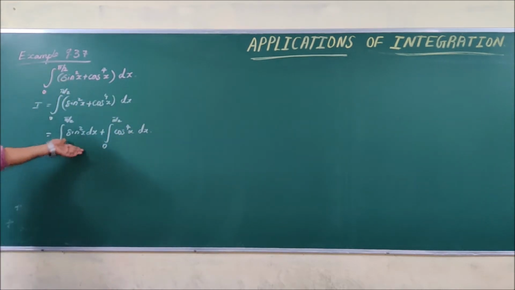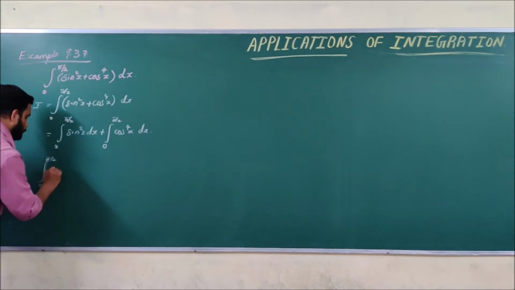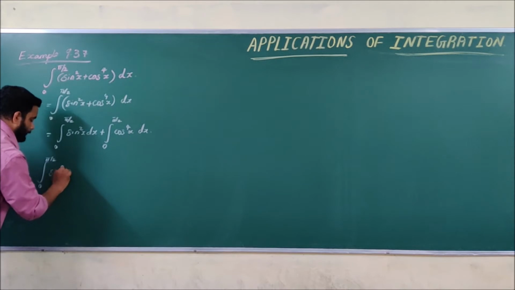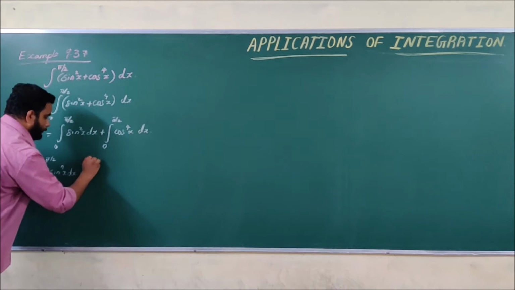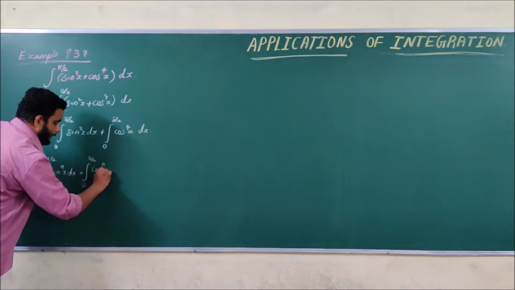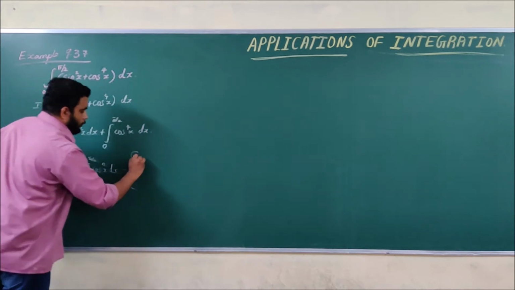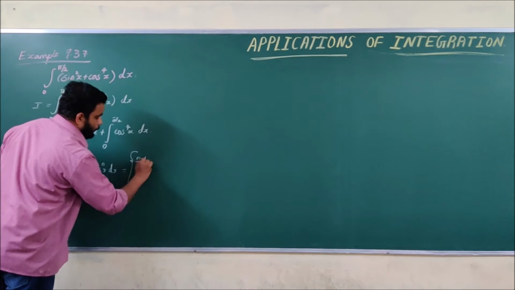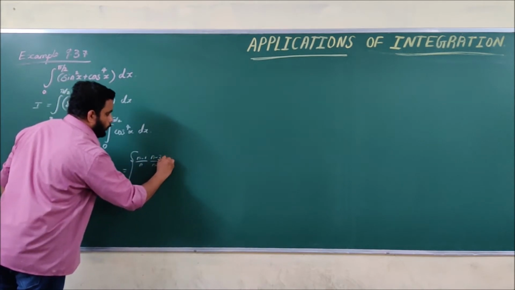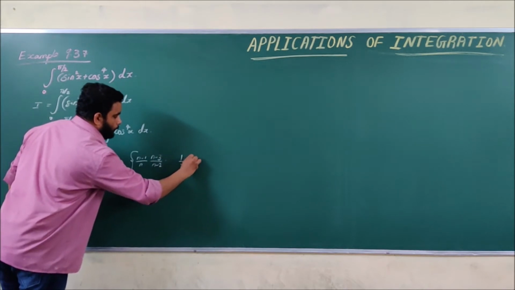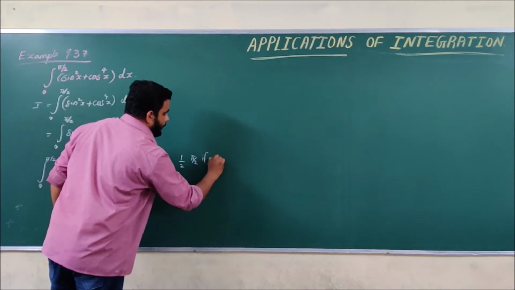Now the question is of the form: the integral from 0 to pi by 2 of sin power n x dx is equal to the integral from 0 to pi by 2 of cos power n x dx, which is equal to (n minus 1)/n times (n minus 3)/(n minus 2) going to 1/2 times pi by 2 if n is even.